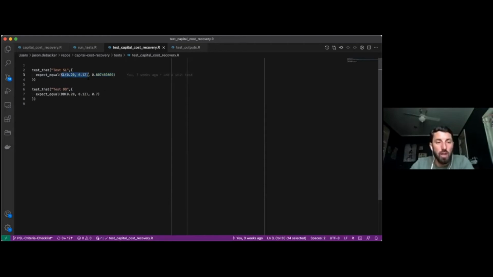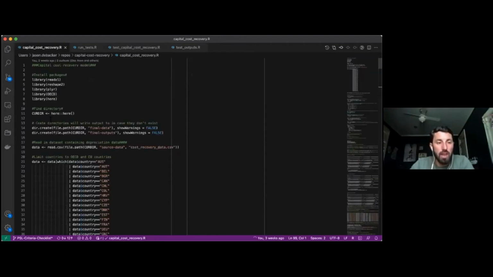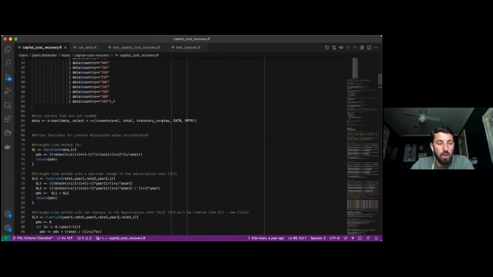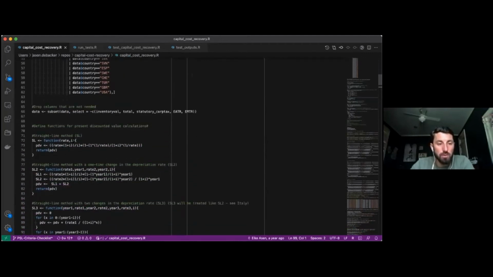So how do I know what I'm putting into this expect_equal argument? First of all, when I call this SL function, it has to correspond to how it's written. Looking at capital cost recovery.R, I can see that the SL function takes two arguments: a rate and i, which in this case is an interest rate. So there's a rate of capital cost recovery and then an interest rate it's taking in.